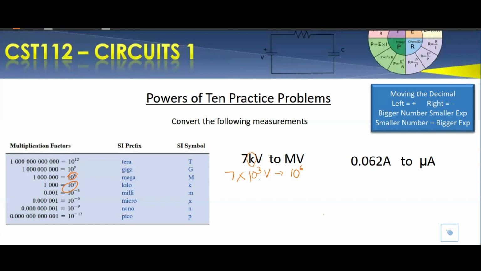So in order to make this one smaller, we want to make it smaller by 3 decimal places. So we start with the 7, and we're just gonna move it to the left, 3 decimal places. 1, 2, 3.